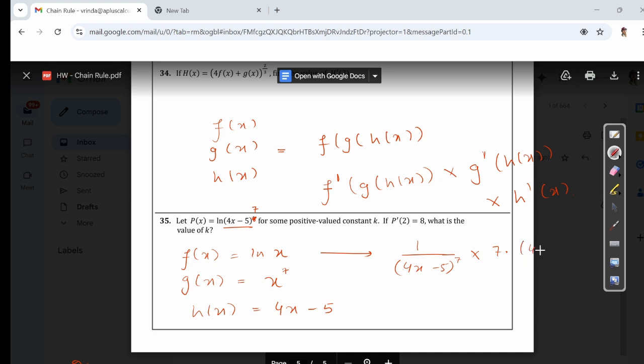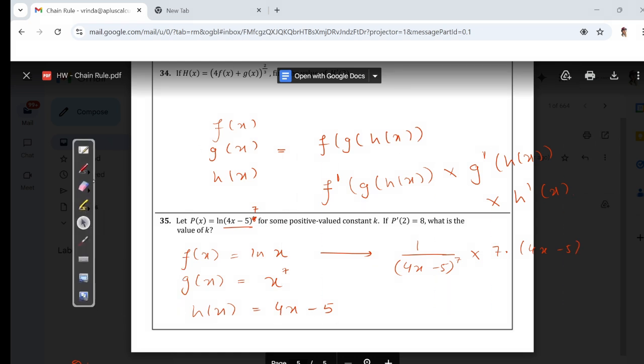Okay, then derivative of 4x minus 5 is equal to 4, so times 4. So this is 6. But I just took a random value 7. You don't have 7, you have k.